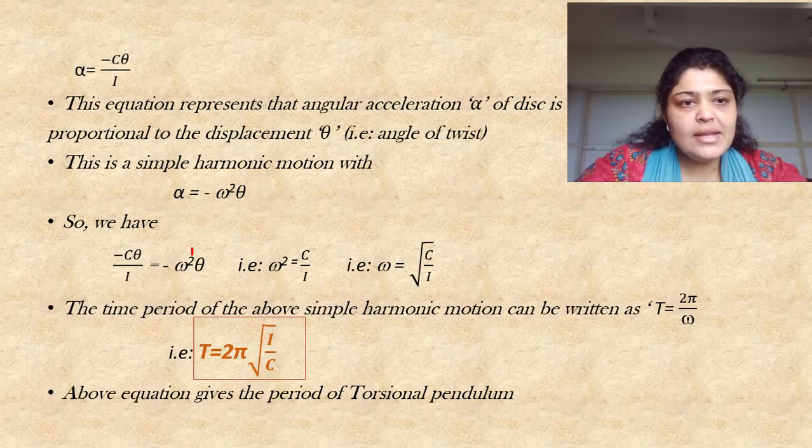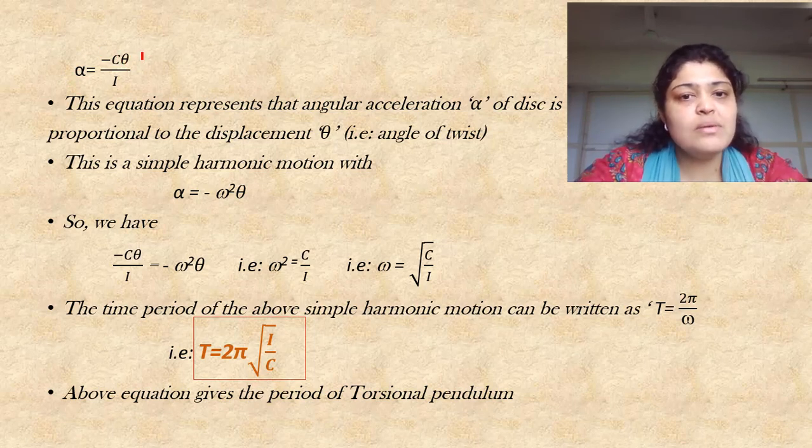So comparing the above equation, we get alpha is equal to minus c theta upon I. Now this equation represents the angular acceleration of the disc. It is proportional to theta. If angular acceleration is proportional to theta, we call such a motion simple harmonic motion, because simple harmonic motion is a motion in which displacement and angular acceleration are proportional.